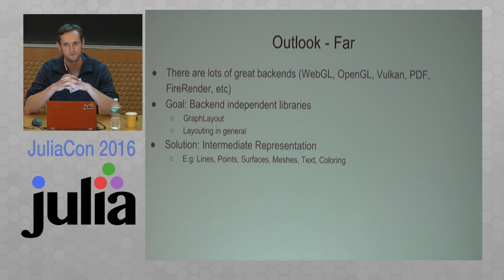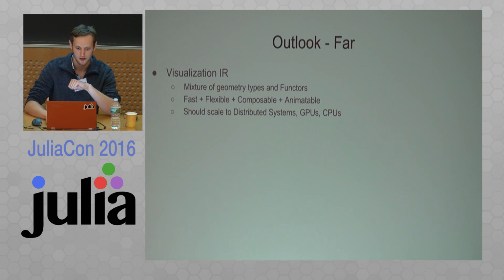This is really important because this is not backend dependent at all. But what that means is you need some intermediate representation, because you need to emit something for the graph layout, for example, if you don't put it directly into a backend. And so you need to have ways to represent lines, points, and surfaces and all these things.